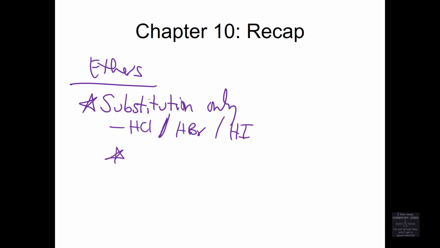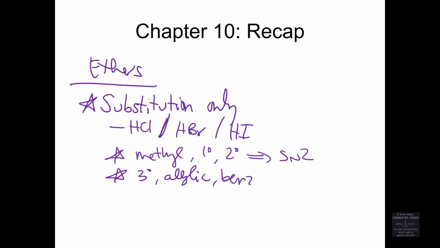So we said if it's methyl, primary or secondary, SN2. If it's tertiary, allylic, benzylic, SN1. And I pointed out when we talked about it then, and I will point it out again now, secondary is different. Alcohols that are secondary make carbocations. Ethers that are secondary do SN2.